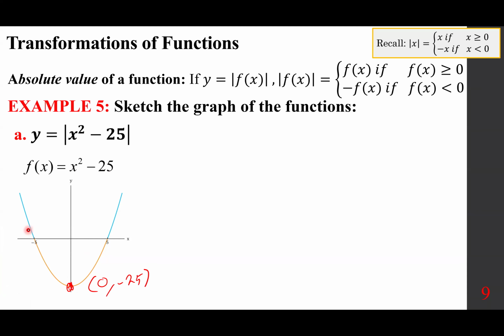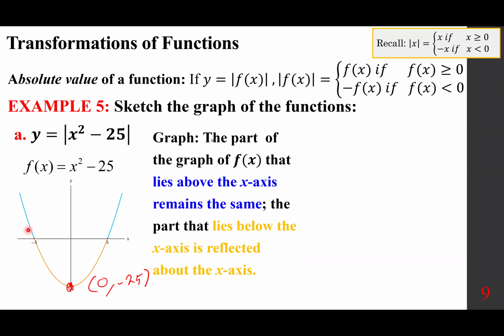So how do we graph an absolute value function? The part of the graph of f of x that lies above the x-axis remains the same. So the blue part, you don't have to do anything. The part that lies below the x-axis is reflected about the x-axis. So the blue part remains. The yellow part flips over, just like this, okay?